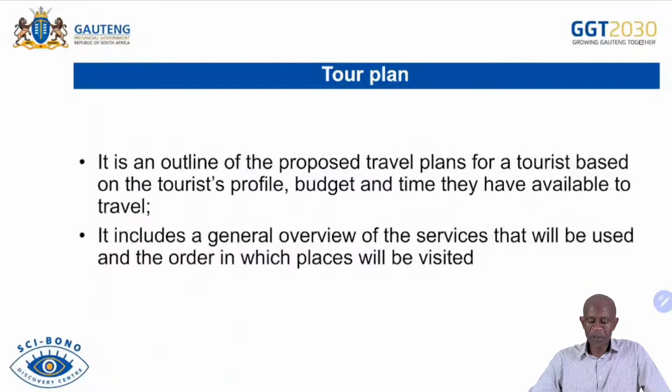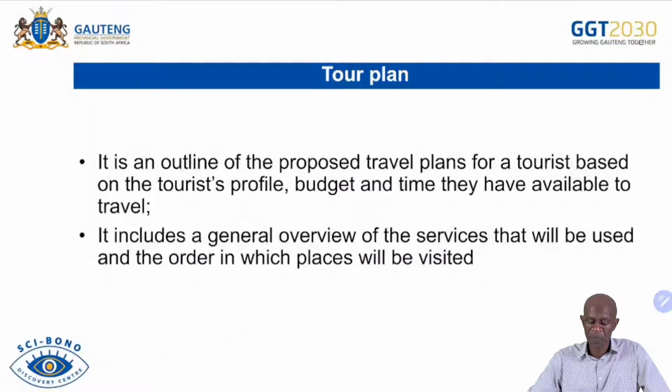It also includes a general overview of the services that will be used and in order in which places will be visited. So the order of places, the order of attractions or destinations that will be visited, it's also critical.